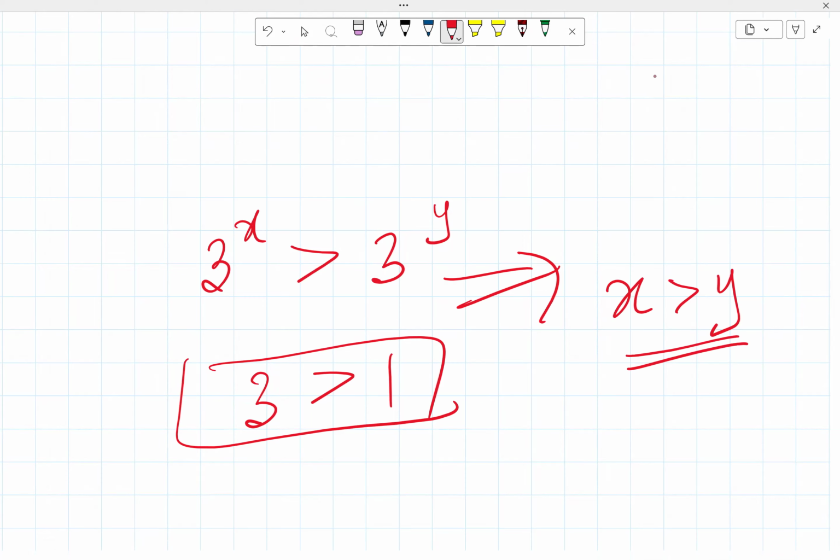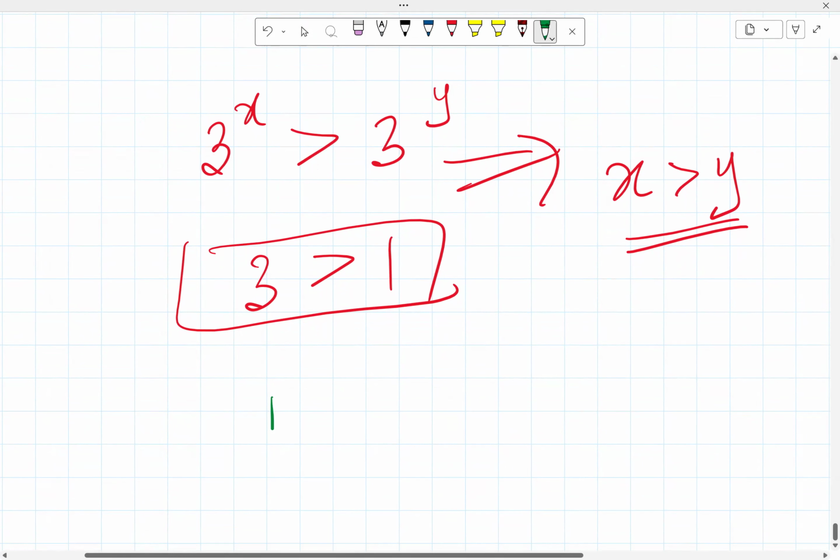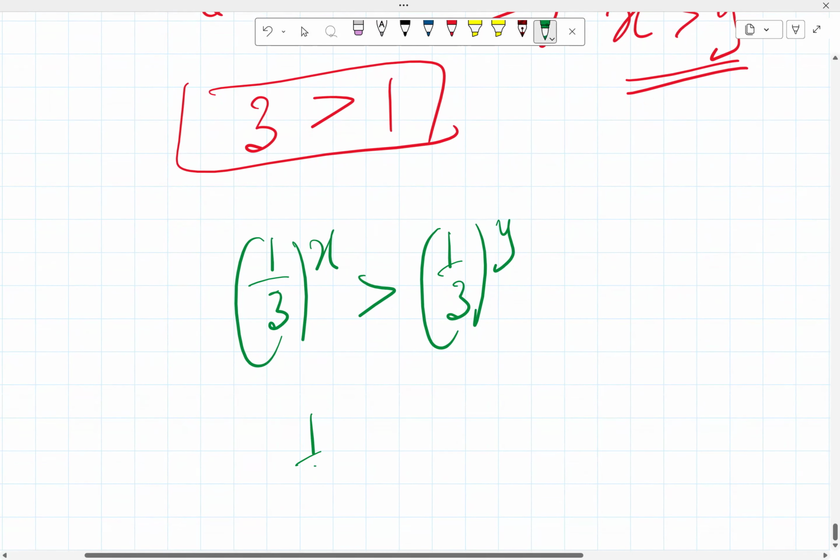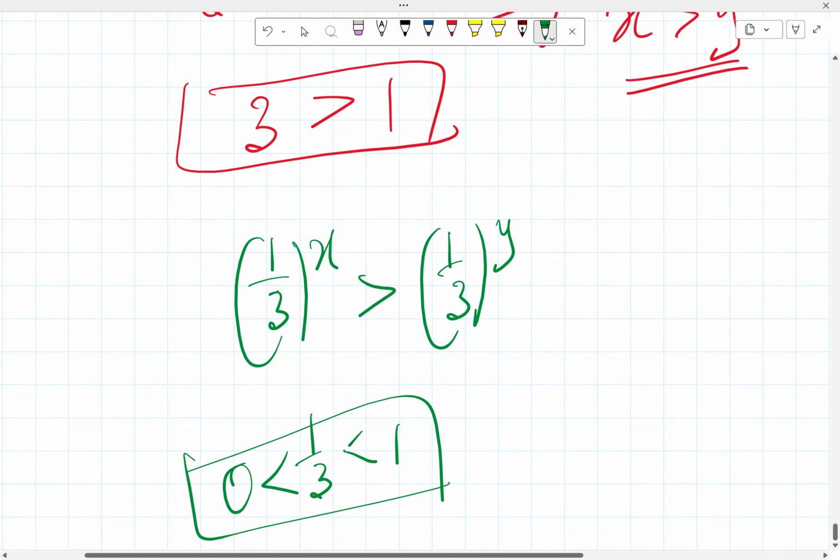But on the other hand, what if you now have 1 over 3 raised to power x greater than 1 over 3 raised to power y? Now see what happens here. 1 over 3 lies between 0 and 1 now. That's the condition here. So what does that mean?